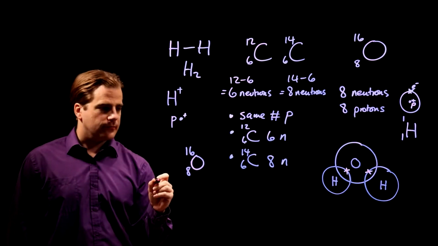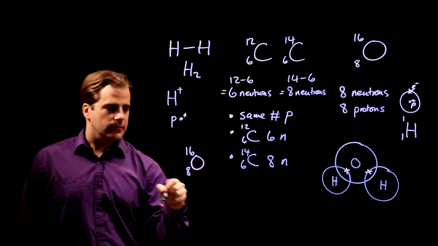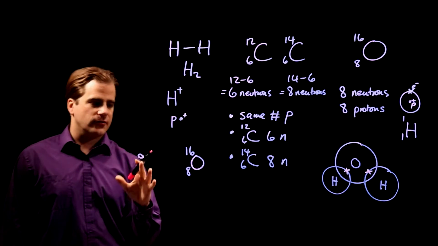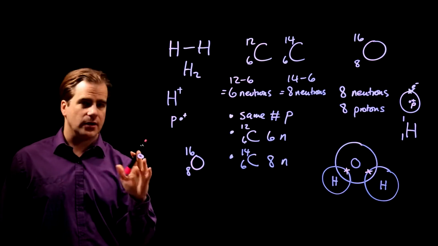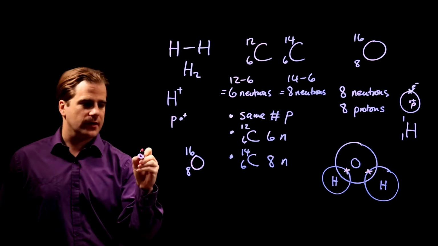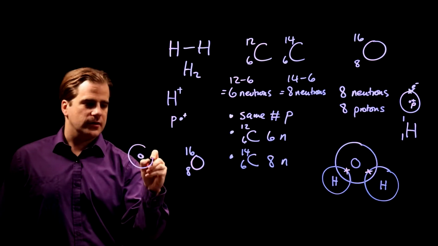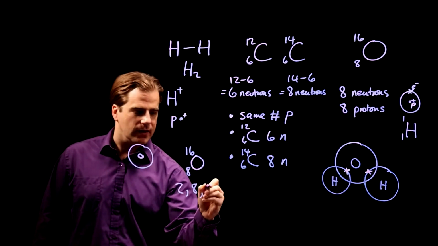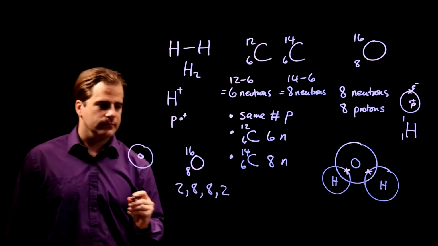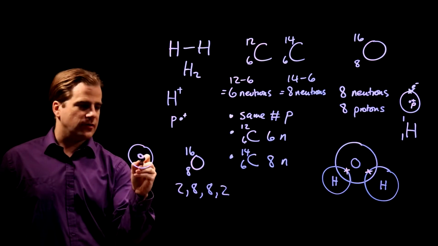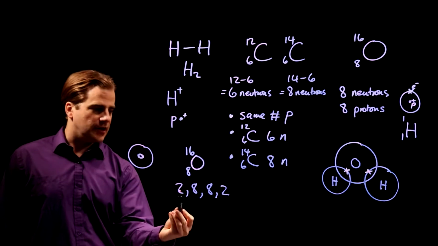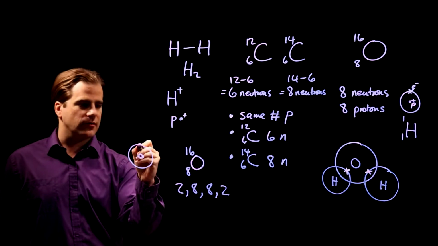So let's draw the electrons provided by that single oxygen atom. Okay? The shells fill up in the order 2, 8, 8, 2. So there's the oxygen nucleus. I'm just going to write it as a letter O, okay? The first shell has a maximum of 2 electrons in it.